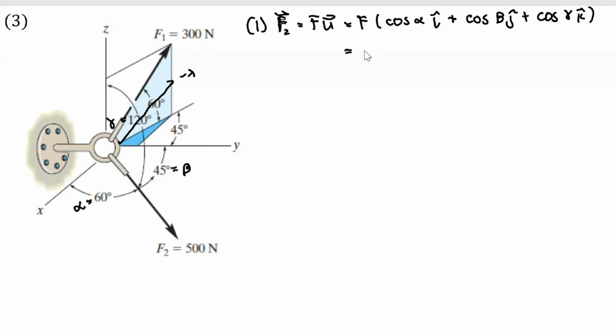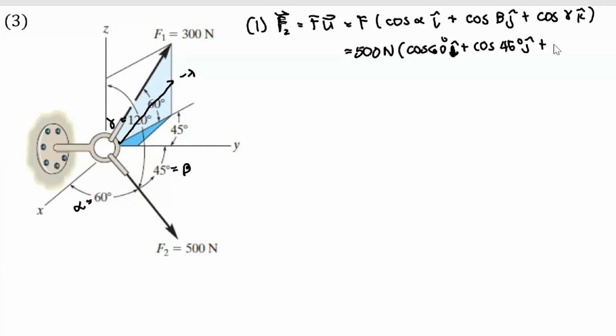So, what we're going to do is use 500 Newton right away. Then, cosine alpha is 60, so cosine 60 i hat, plus cosine beta, 45, beta j hat. Then plus, okay, plus gamma k hat.